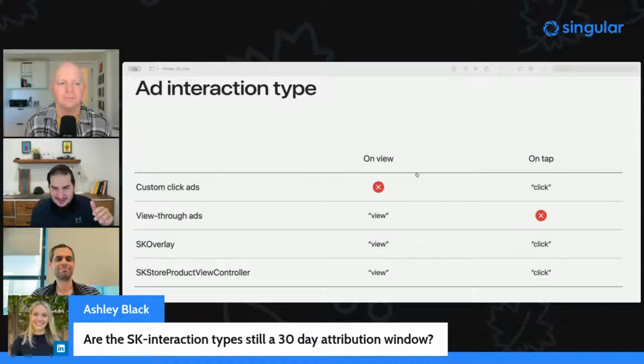SK overlay is this banner that you see at the bottom. If you click it, it goes to half screen, and then it says double click to install, right? So it's a slightly different experience from the App Store. You don't see the full product page, if I remember correctly.